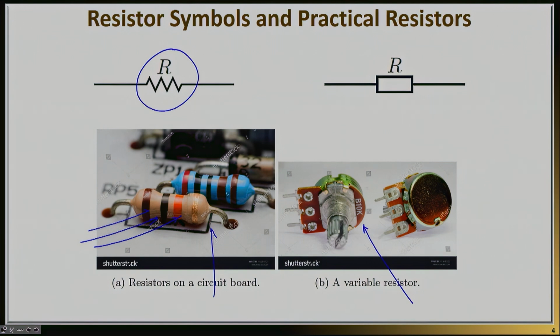Lastly, on this slide, I want to emphasize that even though the image here on the left shows the most common symbol for resistance, you will find other symbols, like, for example, the one here, in books or in the literature. But typically, as long as you see the letter R on top of those, you can easily understand that we're talking about an ideal linear resistor.